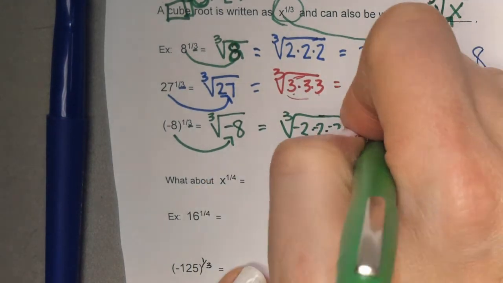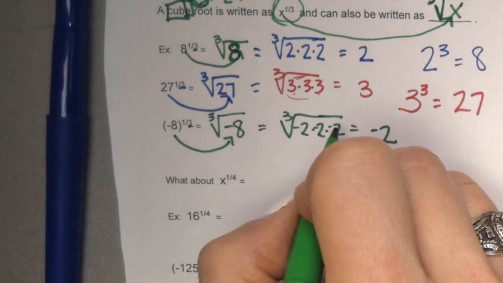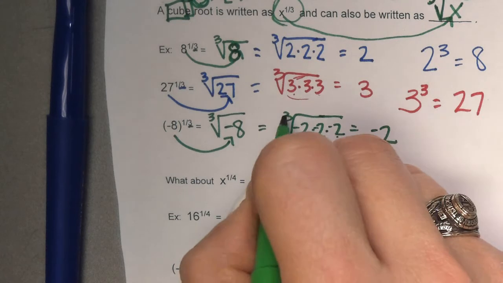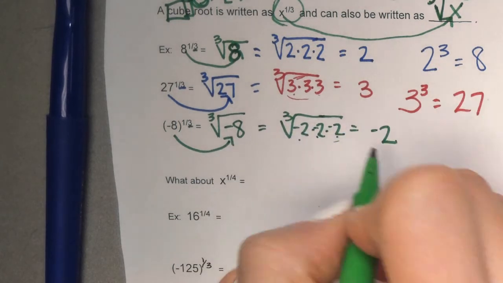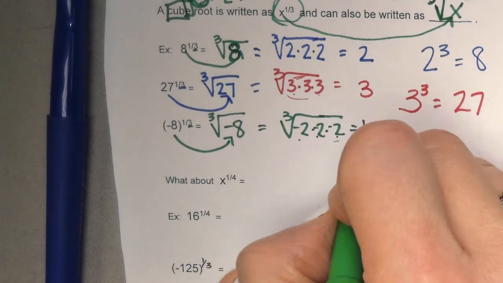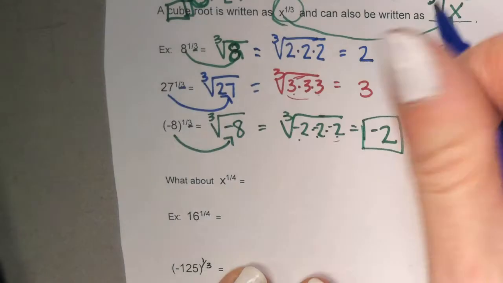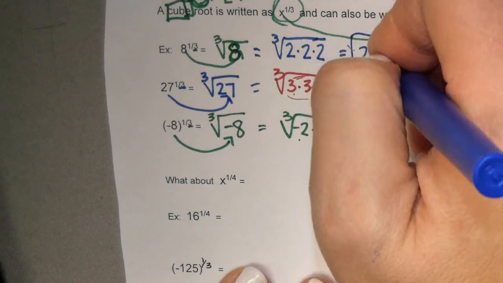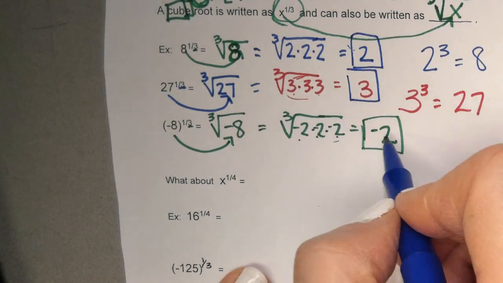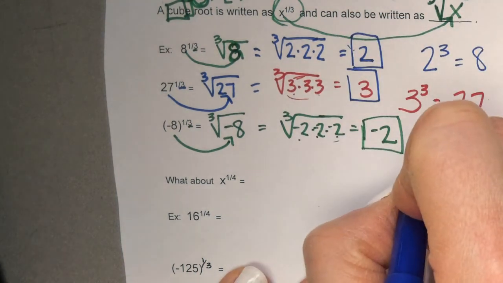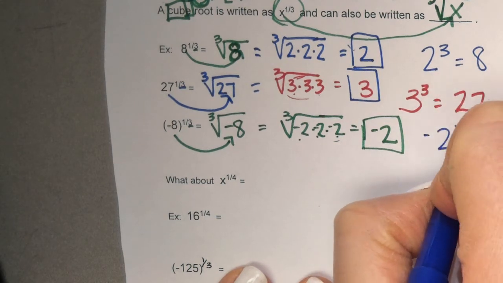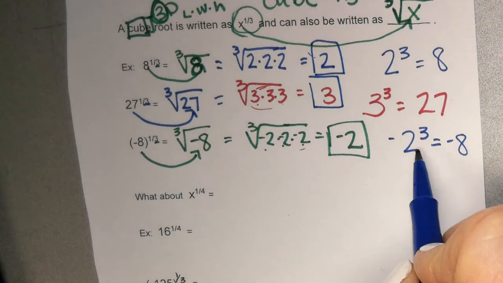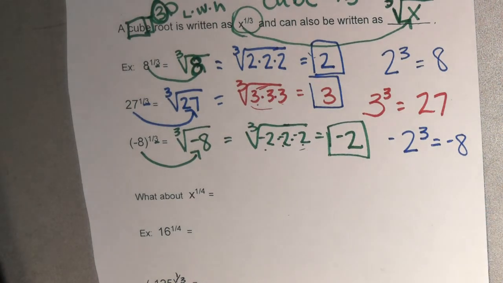So the answer is negative 2. Whatever you're having to multiply 3 times to get that negative 8 is going to be your answer. So these are all your answers. The cube root of 27 is 3. The cube root of 8 is 2. The cube root of negative 8 is negative 2. And we could check it. Negative 2 to the 3rd power, well, that equals negative 8. It checks out. Okay, because negative 2 times negative 2 times negative 2 is negative 8.